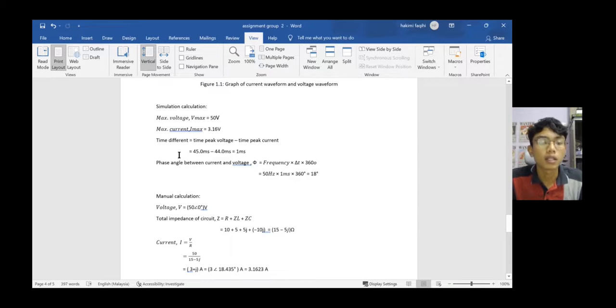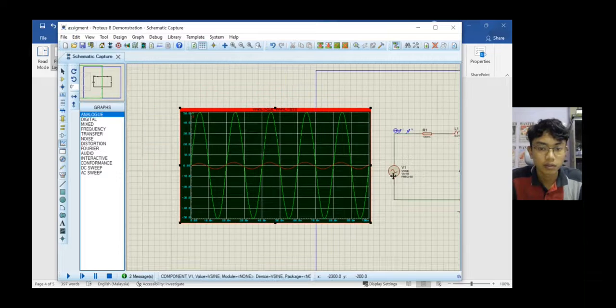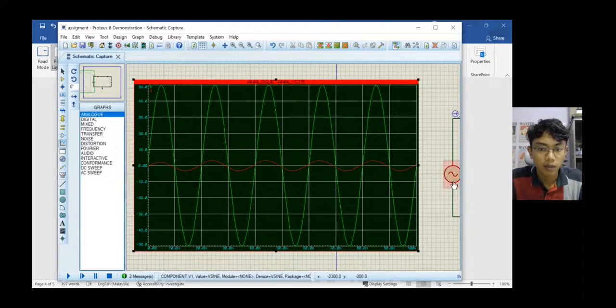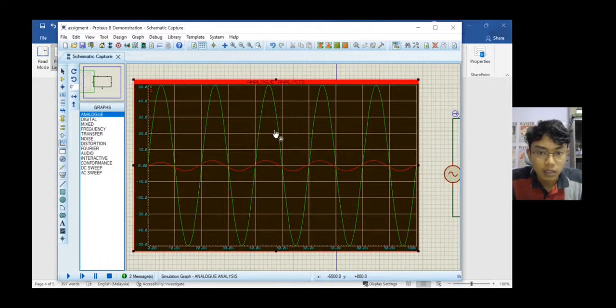Okay, to get the time difference, it is the time of peak voltage minus the time of peak current. So as we can see here, the center of the voltage peak goes straight to the x-axis line.